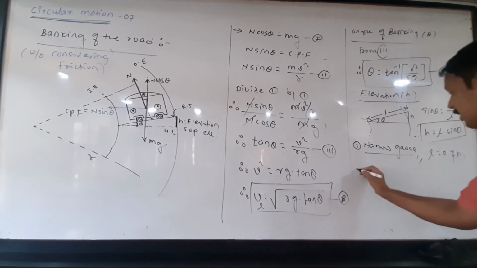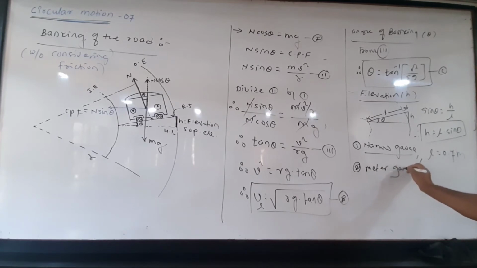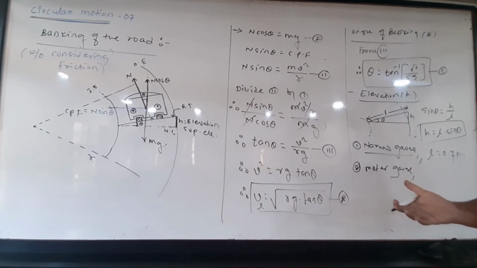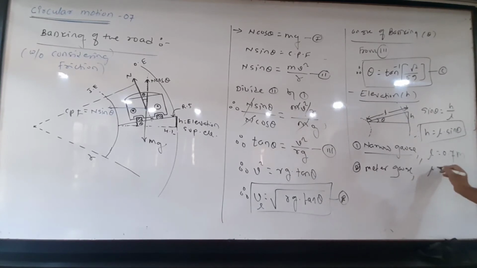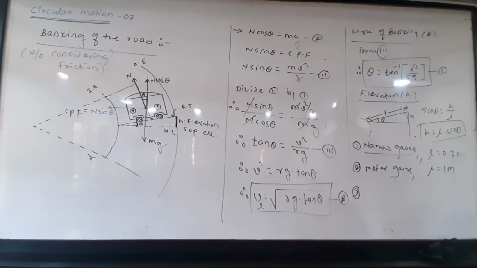Second one, meter gauge. Meter gauge train. The word is directly there in the numerical problem. Meter gauge means the distance between two rails, the width of the road, is 1 meter. That's why it is called meter gauge. And the third one, generally express trains move on that track.